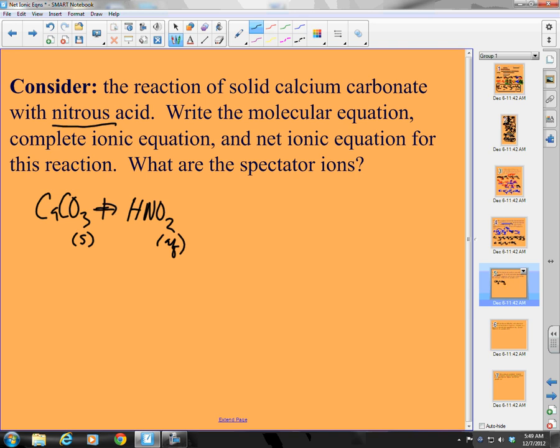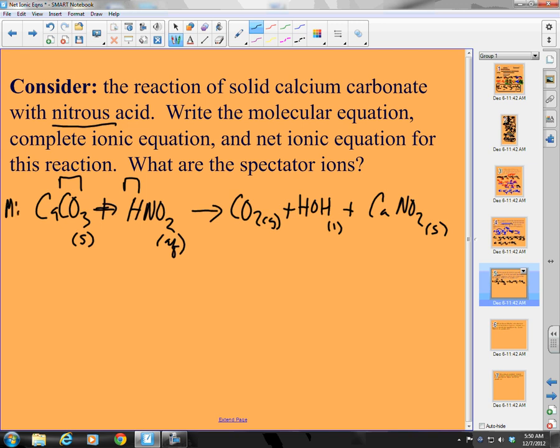Well, if you recall, this is a carbonate plus an acid, meaning we're going to form carbon dioxide gas plus water plus a salt. In this case, my salt would be calcium nitrite. And we don't really know anything about nitrite, so I'm going to assume that it is solid. Okay? Good. This is my molecular.